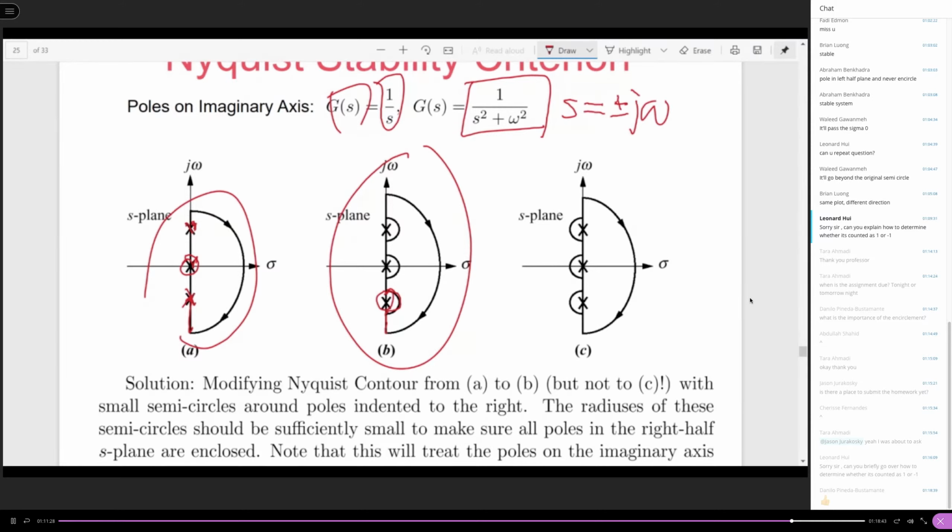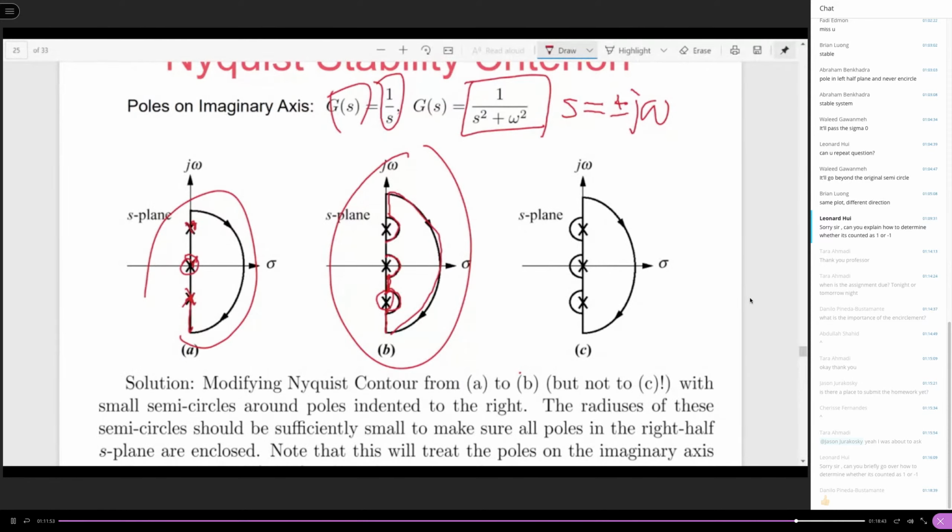Then continue, and when you hit another pole on the imaginary axis, you do this small indent again, and this indent has to be to the right. You finish every pole with this small indent, and this will be the modified Nyquist contour.